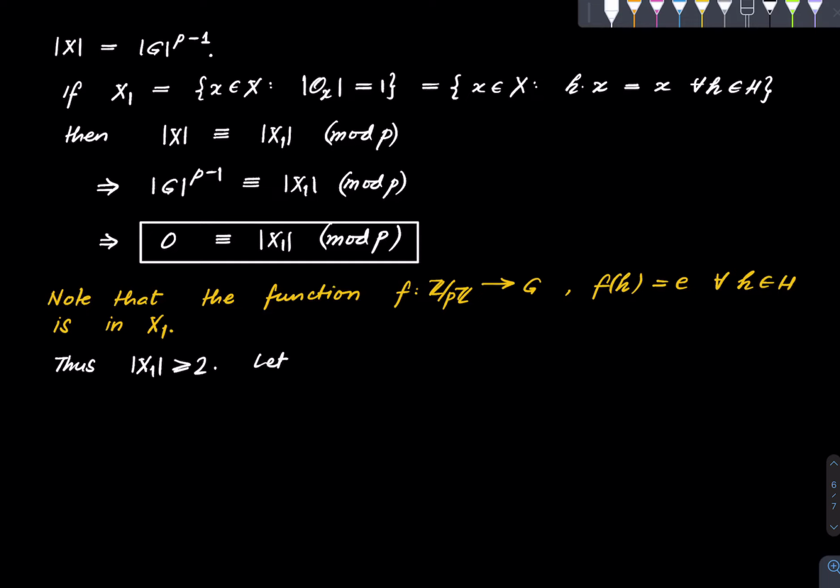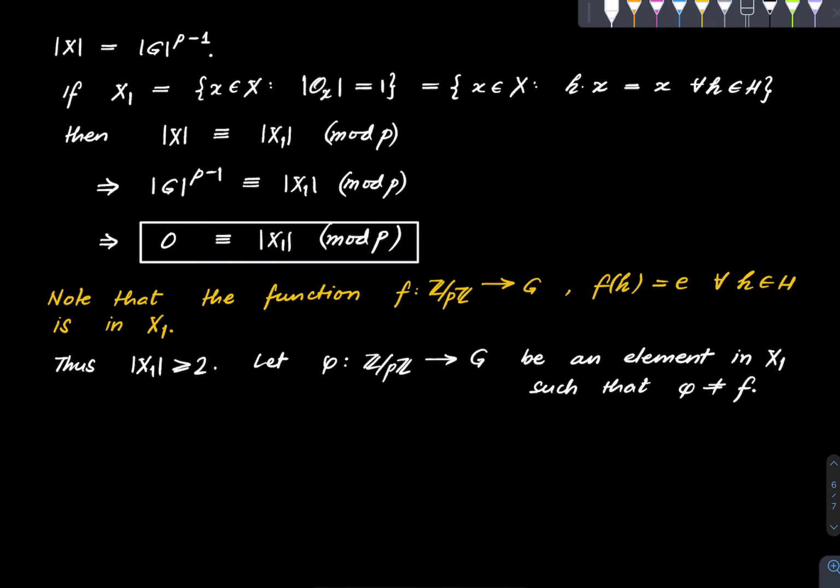So let, not f, let's call it, what's a good notation? Let me say phi. Let phi be an element in X1, meaning the orbit of phi is 1, such that phi is different from f.